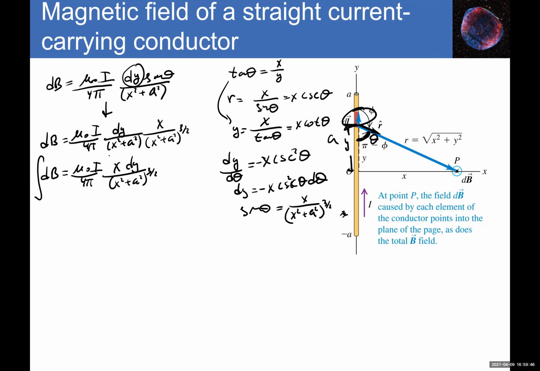So integrating both sides, since this is nothing but a constant, the left side is just B, equal to mu naught I over 4 pi, then x dy over x squared plus a squared to the 3/2.